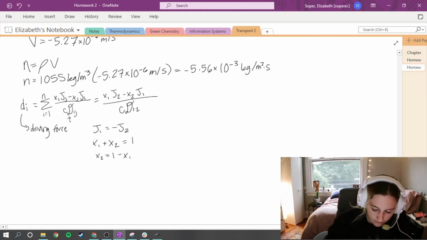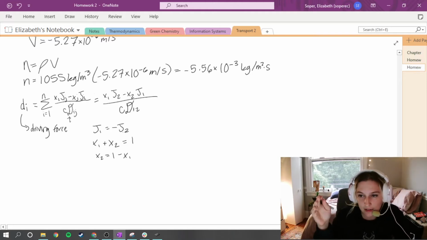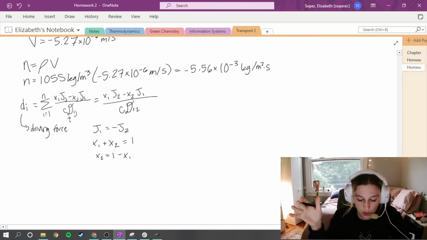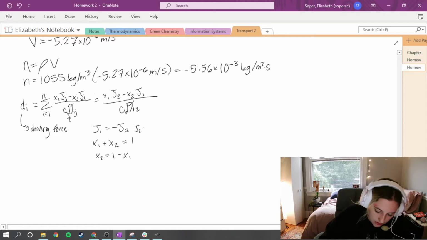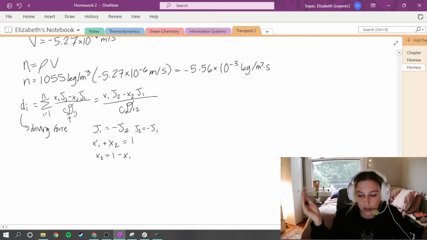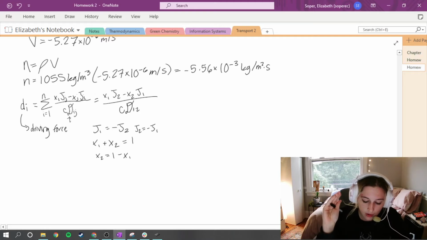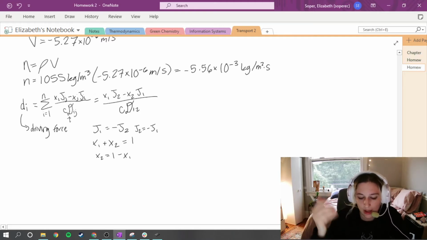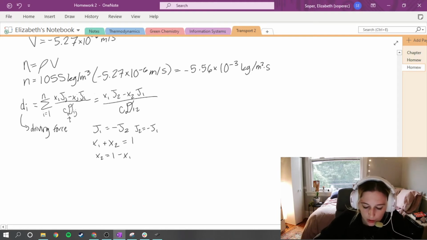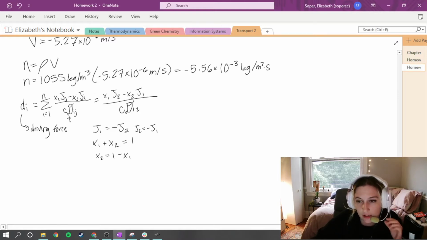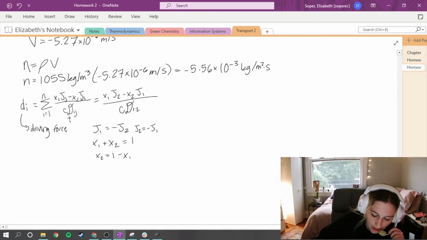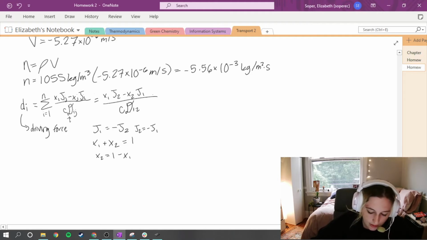So if we replace all of the J2s with negative J1, and all of the x2s with 1 minus x1, then we'll have everything in terms of J1 and x1, and then obviously the molar concentration and the Maxwell diffusivity. So let's go ahead and do that.